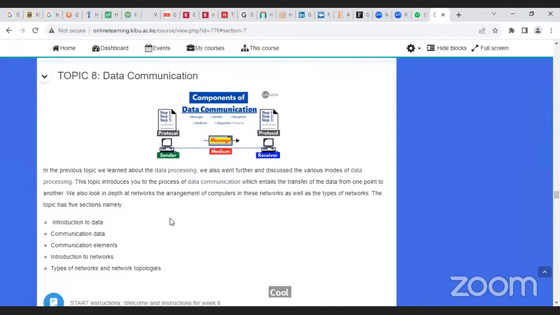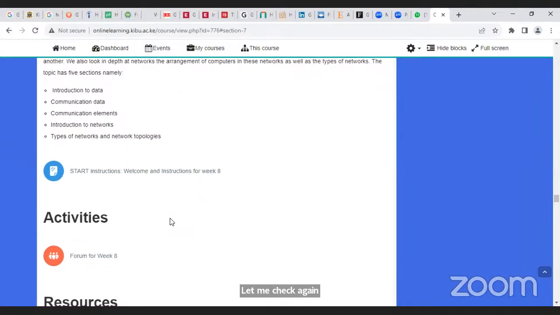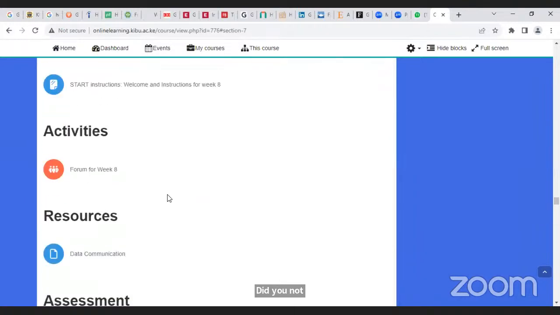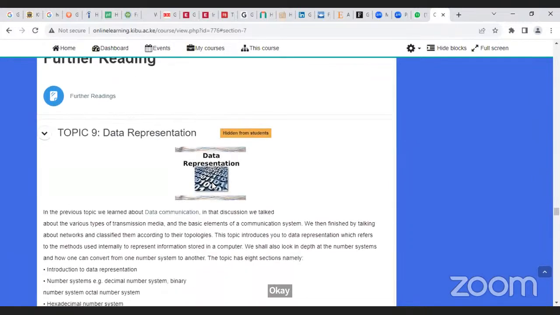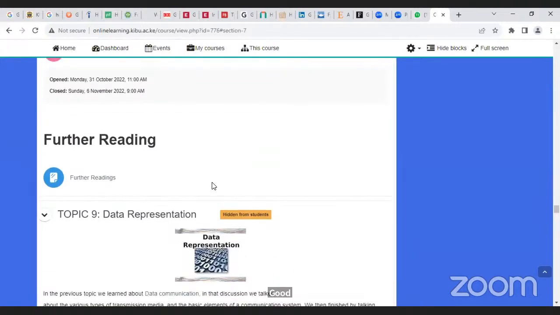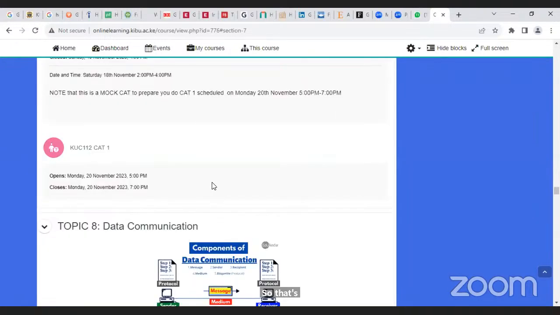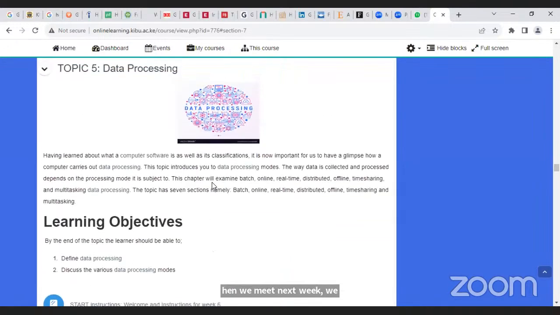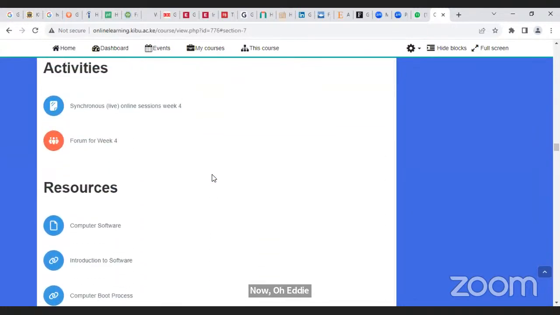So go through these so that when we meet next week, we cover these 2 units very quickly. Next week, go through data communication and data processing.